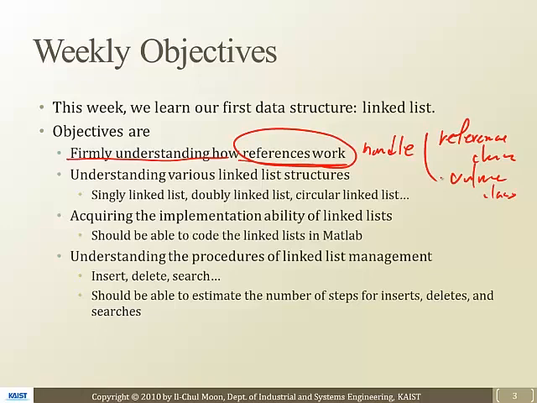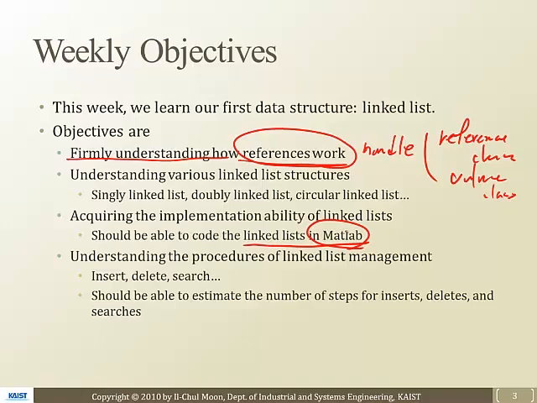You have to understand various types of linked lists: singly linked list, doubly linked list, circular linked list. There are different kinds of linked lists. You should also acquire the implementation ability, meaning you should be able to code the linked list in MATLAB, and that's what you are going to do in the offline course. And understanding procedures like linked list management: insert, delete, search, and so forth.